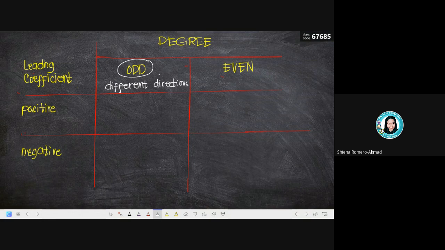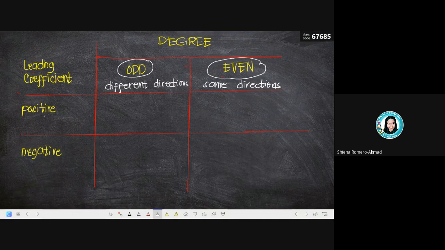Okay, so yun naman yung goal natin, to know the direction of the left and the right tail. So even naman, all you have to remember is they have the same directions. So hindi niyo na siya makakalimutan kasi pag nakita niyo na odd yung exponent, magkaiba direction nito nung dalawang tail. While kapag even yung kanyang degree, pareho yung direction. Okay?